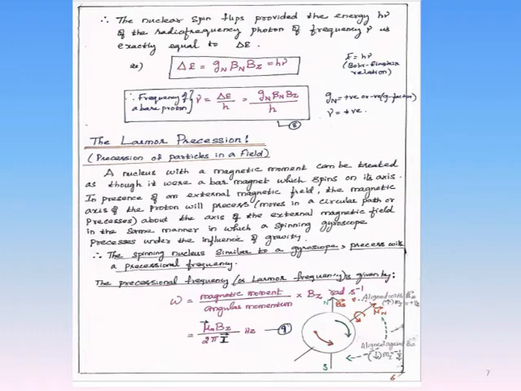The other is the alignment against the applied magnetic field Bz. Then we have the downward spin, the beta spin, and Mi will be equivalent to minus 1 by 2.